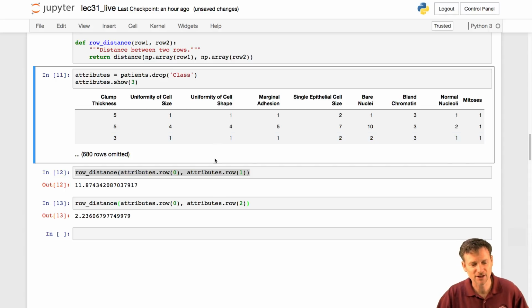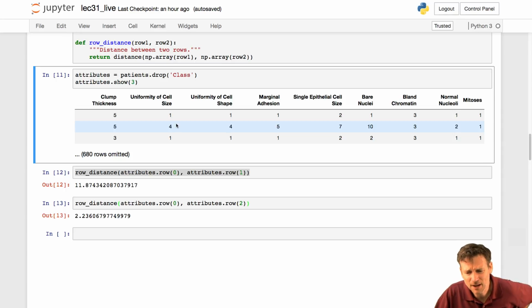I hope you said patient 2, because the distance to patient 2 is much lower than the distance to patient 1. The distance to patient 2 is only 2.2, which is much smaller than 11.8. Okay? So what that's telling us is patient 0 is more similar to patient 2 than to patient 1.